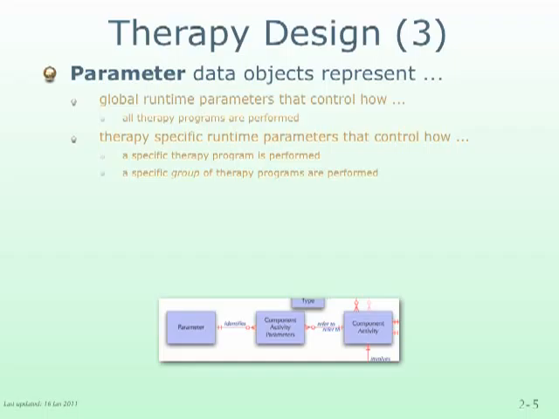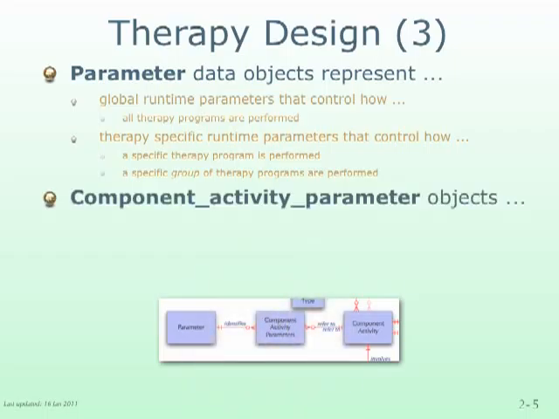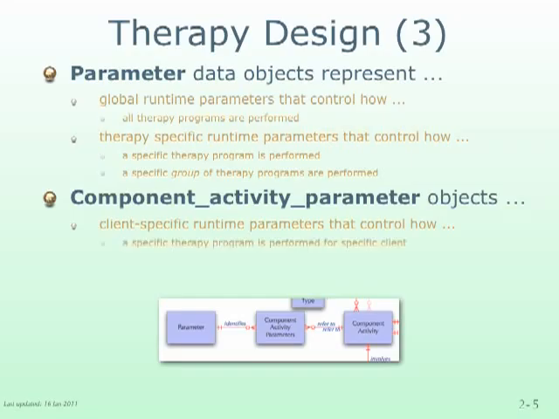Then there are the component activity parameter data objects, which can be used as client-specific runtime parameters that control how a specific therapy program is performed for a specific stroke survivor, or a specific group of therapy programs are performed for a specific stroke survivor.